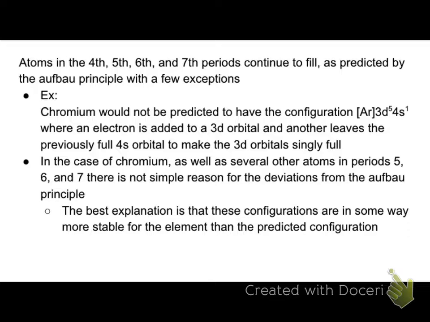And the same is true for several other atoms that are in periods 5, 6, and 7 that deviate from the Aufbau principle by pulling electrons down like this or filling in an order that you might not predict. It's simply because whatever configuration they choose to be in is somehow more stable for them. And the explanations of why that's more stable is beyond the scope of what we're going to discuss in class.